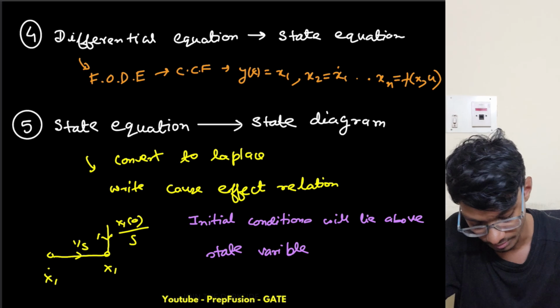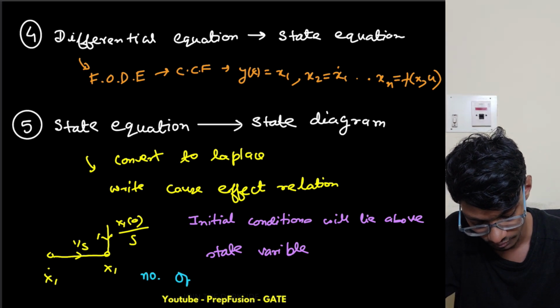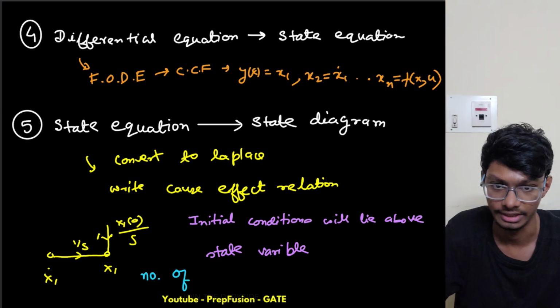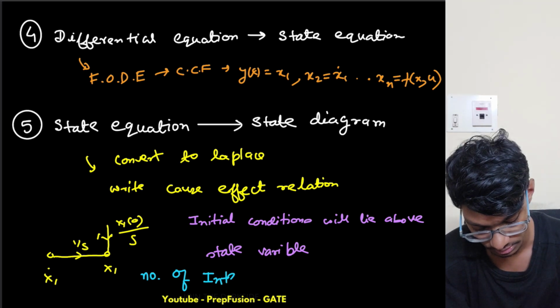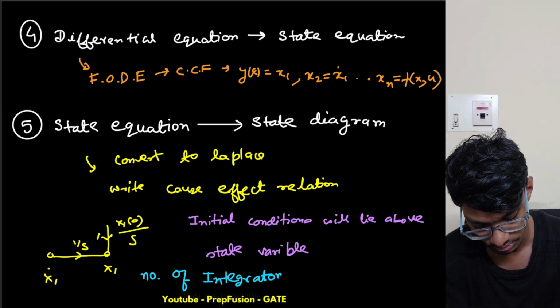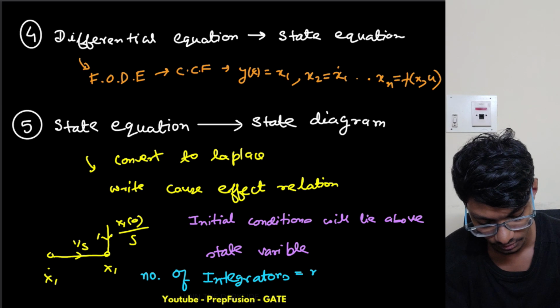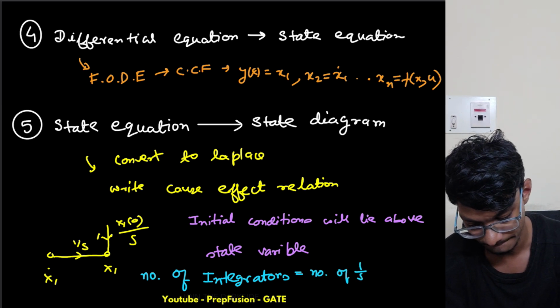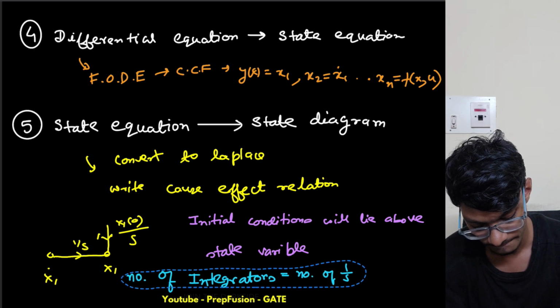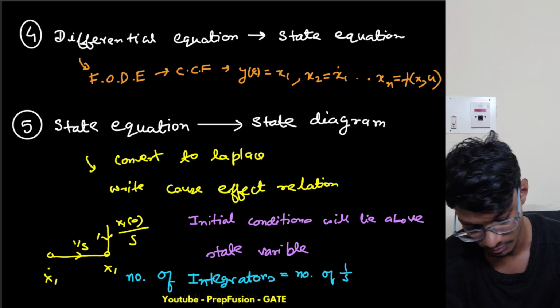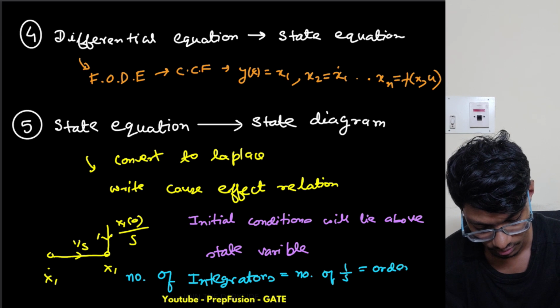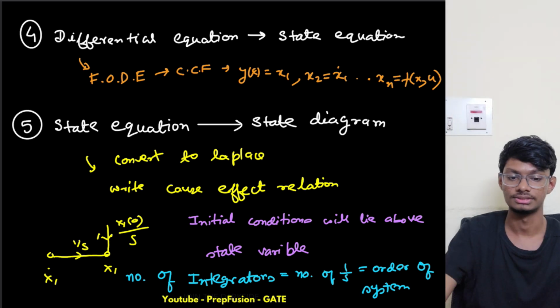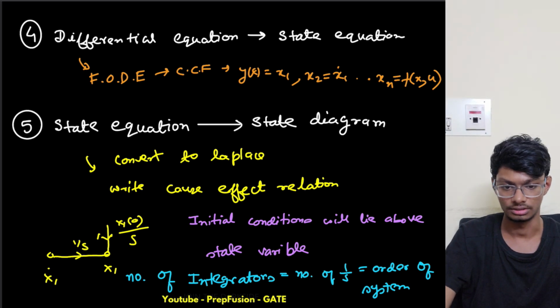This you have to remember: in the state space diagram, the number of integrators will be equal to the number of 1 by s terms, which will be equal to the order of the system. These are the few things that we have to keep in mind.